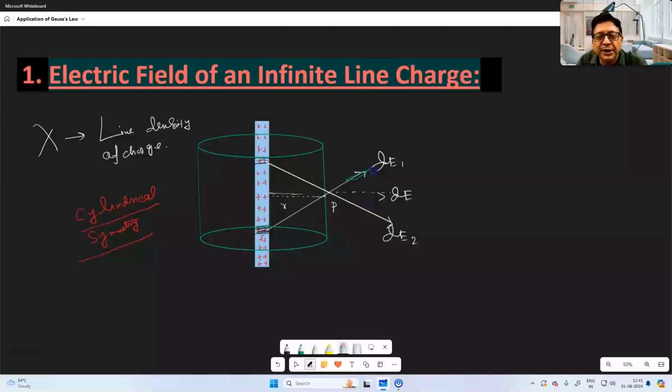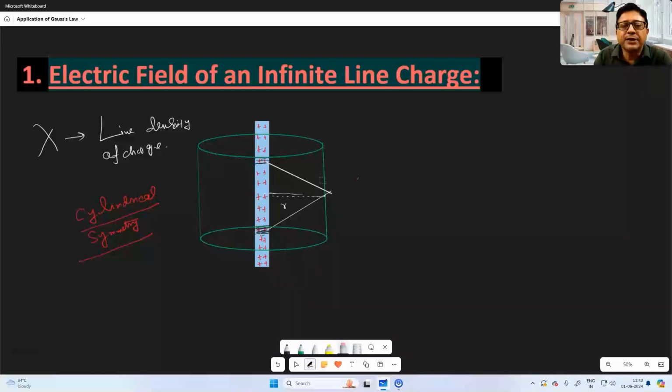To find the strength of electric field at any point on it, what will you remember? First we have to see whether symmetry is there or not. It is proved that symmetry is there, and that symmetry is the cylindrical one. That's why I have taken the Gaussian surface this manner. Also it is proved that the strength of electric field is proportional to 1 by R, and the direction of field is perpendicular to the Gaussian surface. This cylinder is the Gaussian surface.